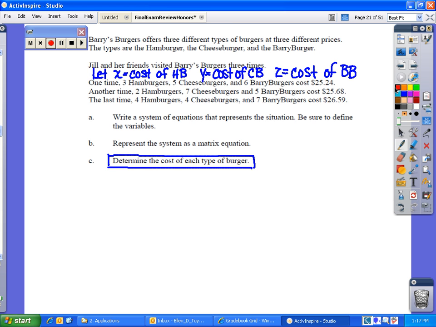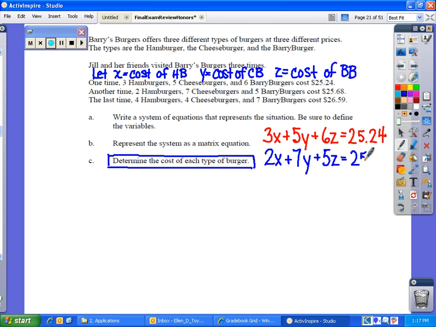The first time, they got 3 hamburgers, 5 cheeseburgers, and 6 berry burgers for a total cost of $25.24. The second time, they got 2 hamburgers, 7 cheeseburgers, and 5 berry burgers for a total cost of $25.68.